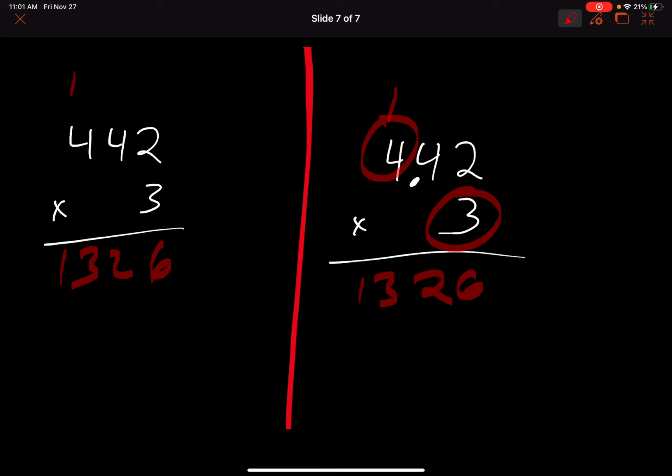So how many ones are in 4 and 42 hundredths? And then how many ones are in 3? Right, so there's 4 here and there's 3 here, but about how many ones should be in the answer of 4 times 3? So that should be about 12. Okay, so I know my decimal point needs to go here.